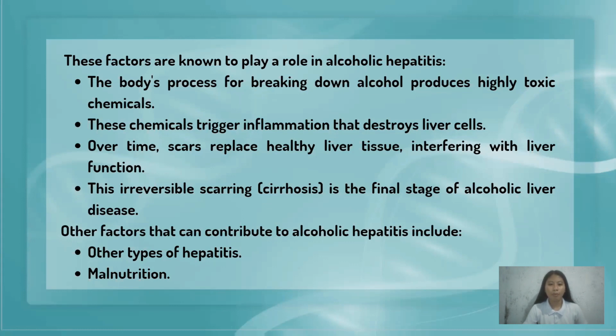If you have hepatitis C and also drink even moderately, you're more likely to develop cirrhosis than if you don't drink. Next, malnutrition. Many people who drink heavily are malnourished because they eat poorly or because alcohol and its byproduct prevent the body from properly absorbing nutrients. Lack of nutrients contributes to liver cell damage.